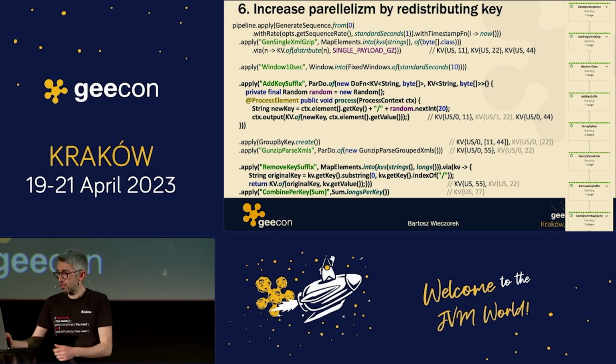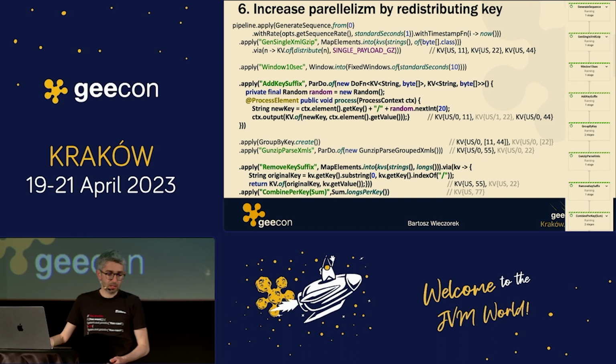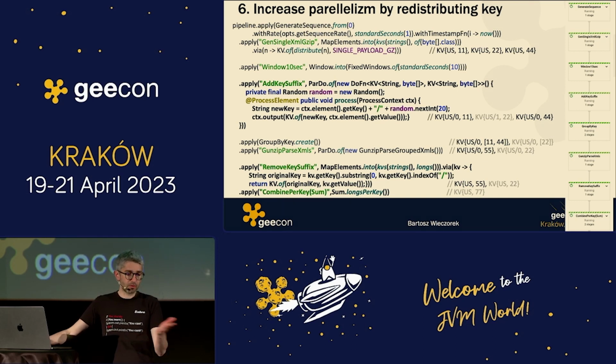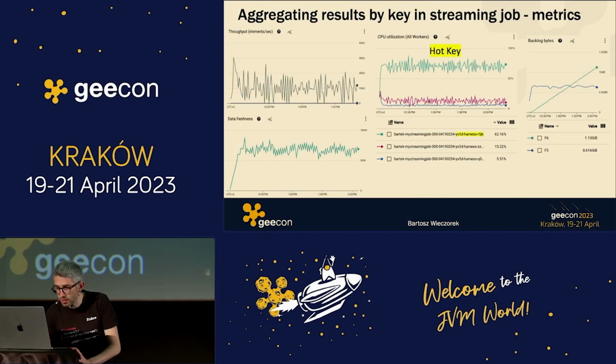So you can see that I'm still using the group by key, but the key in that case is more distributed. We will be getting, like in my case, 61 keys instead of 3 keys. And what was the throughput in our scenario? 10 kilobytes.